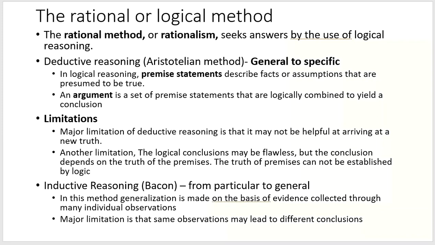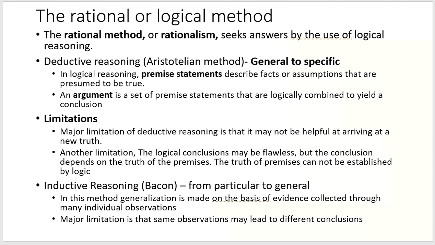The deductive method of knowing will help us verify an earlier proposed theory, model or knowledge, but it will not help us arrive at new knowledge. Why? Because we are starting from a general theory and coming to a specific observation.